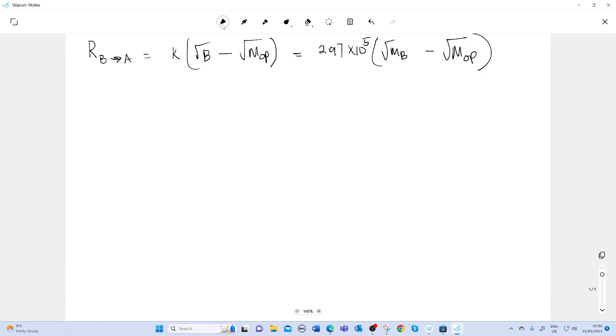Now we can single out MB, the mass at B, which equals the range over the K constant plus the root of MOP, all squared.